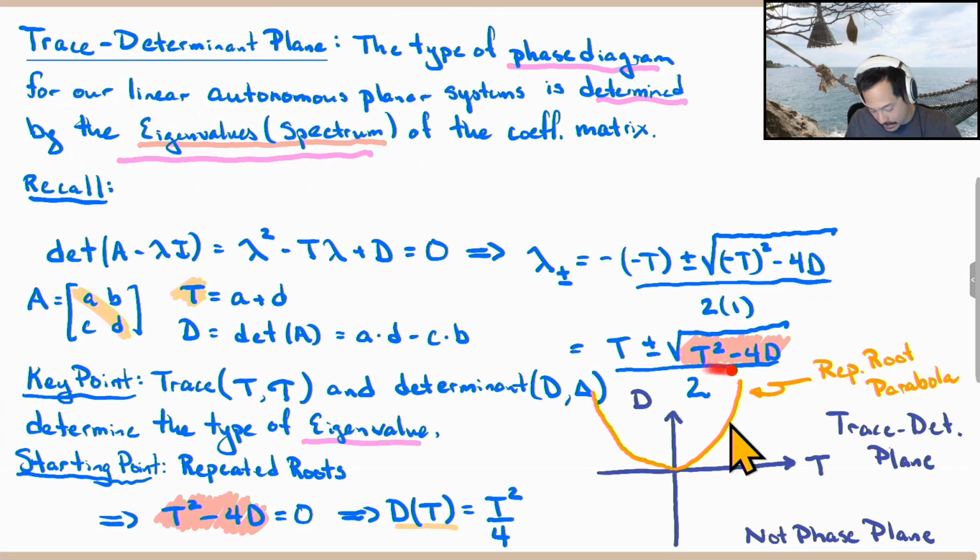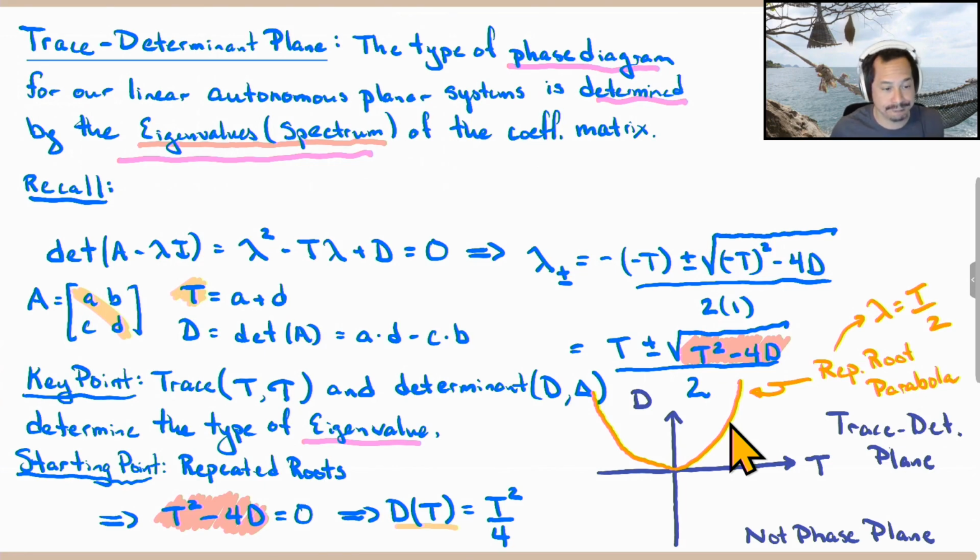The repeated root is going to cause this discriminant to go to 0, and if this discriminant goes to 0, the only thing you're going to have left is this eigenvalue, which is the trace divided by 2. So on this repeated root parabola, the eigenvalue is definitely trace over 2.